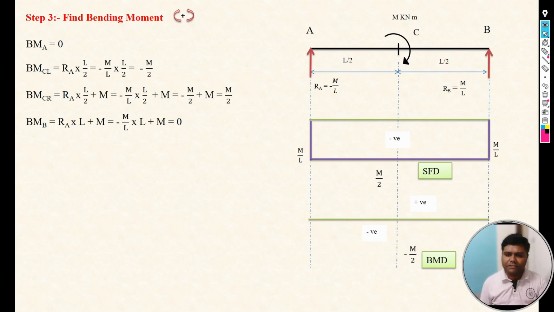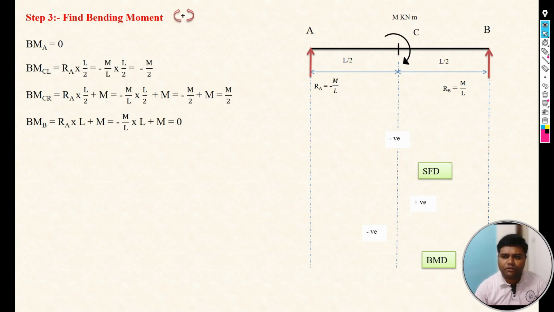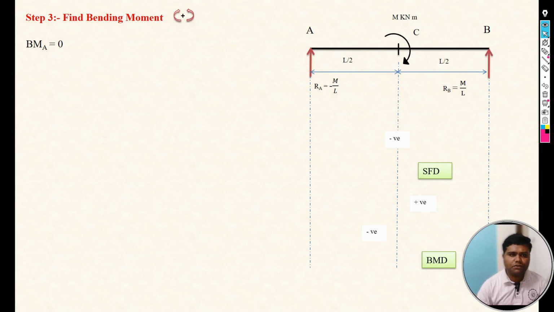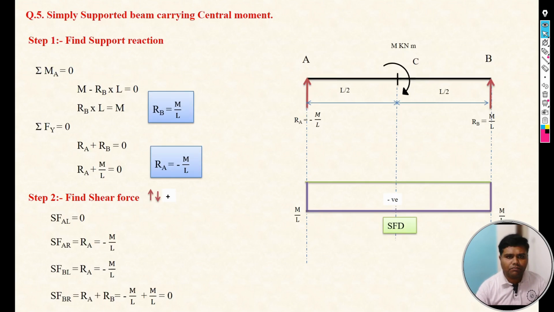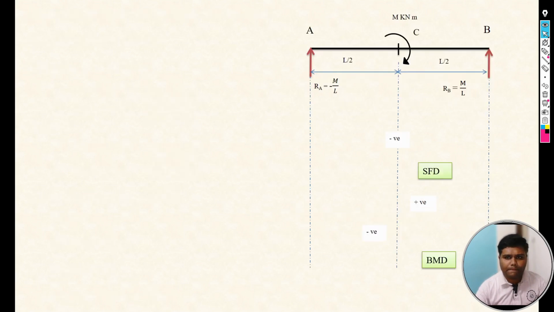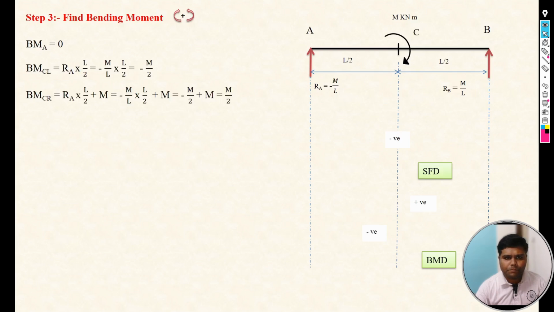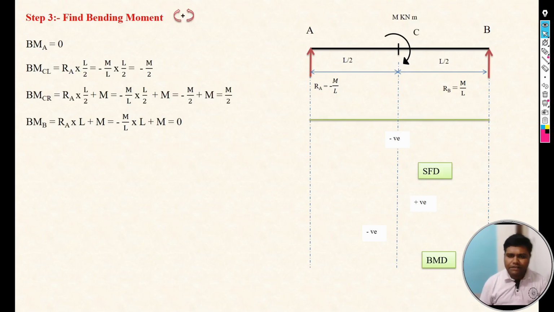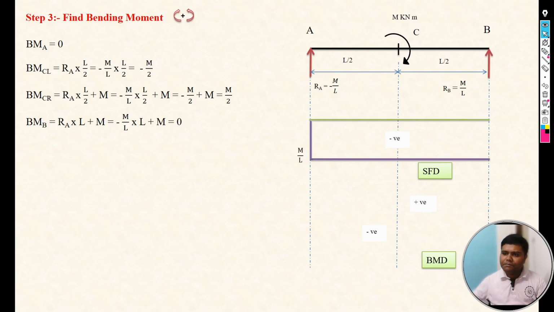Here again you can see it. Baseline for the shear force, then downward at A point, then it is constant up to the B left, and at B it will close.